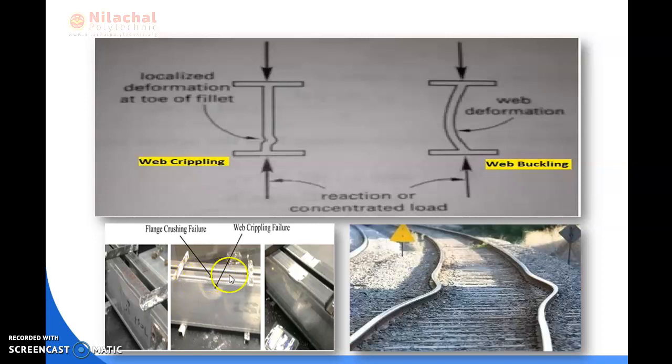So you can see this is the flange part and this is also a flange part, and the middle portion is the web part, and the web crippling occurs nearer to the flange at the top of the flange. So we can find web buckling very prominently as compared to web crippling.